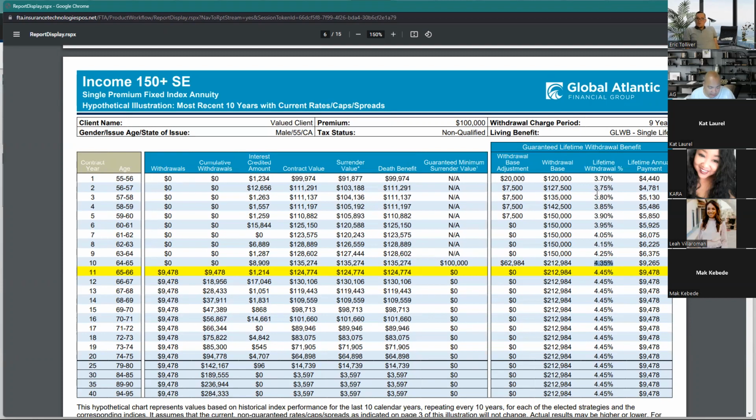But you saw that if he started lifetime income at 57 years old, he was only going to get 3.8% of 135. Right now, he's going to get 4.35 of 212. So this 100,000 will pay out 9,478 for the rest of his life, even if the contract value gets depleted to 0.